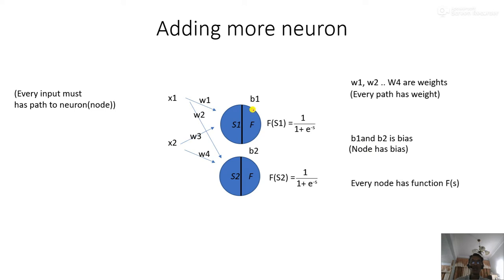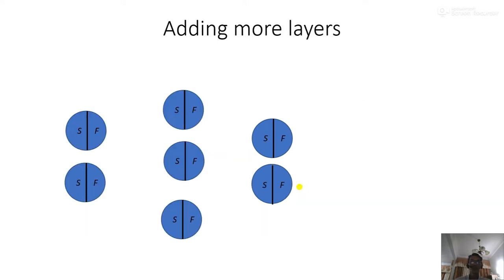Every node must have one bias and one activation function. This is sigmoid, 1 over something. We'll see later. Now let's look at more layers like this.